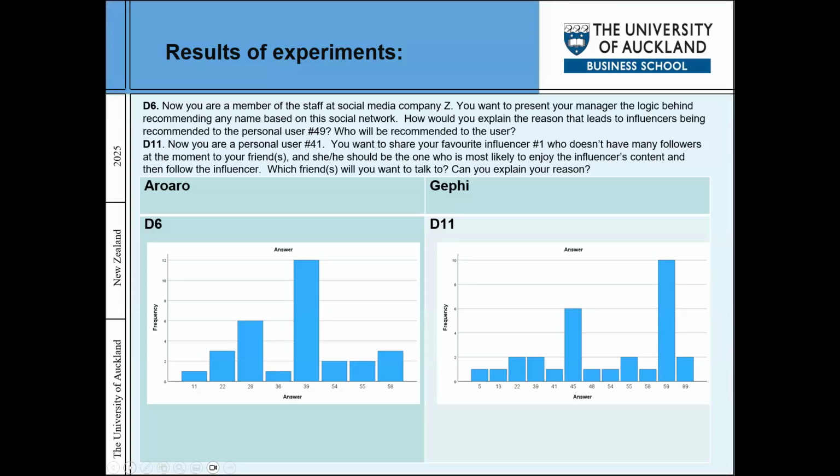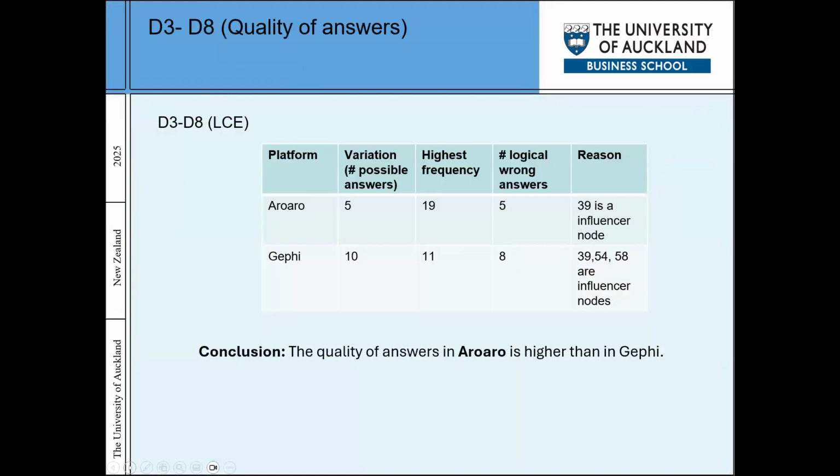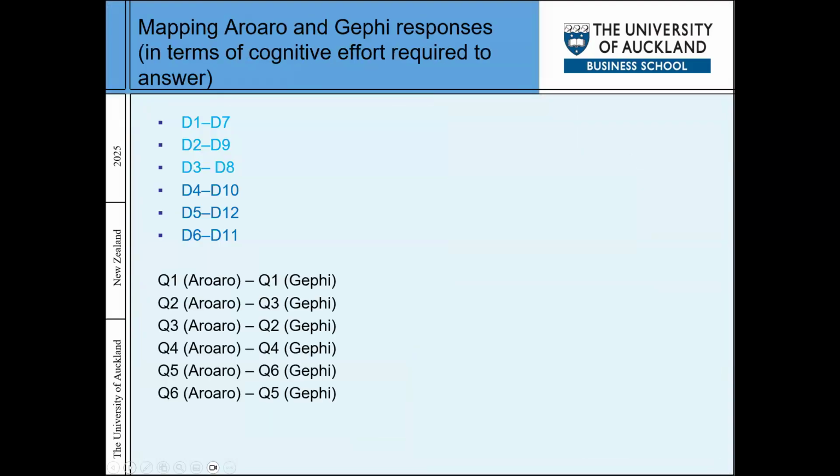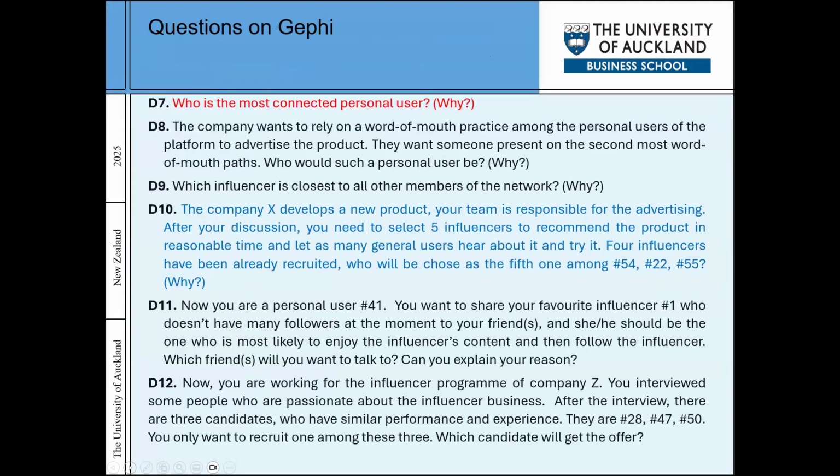Okay. And it looks like the questions you're including, can you explain your reason? Did anything interesting come out of that? Yes. What you are seeing here, for example, for question 1, the question says, who is the most connected personal user and why?